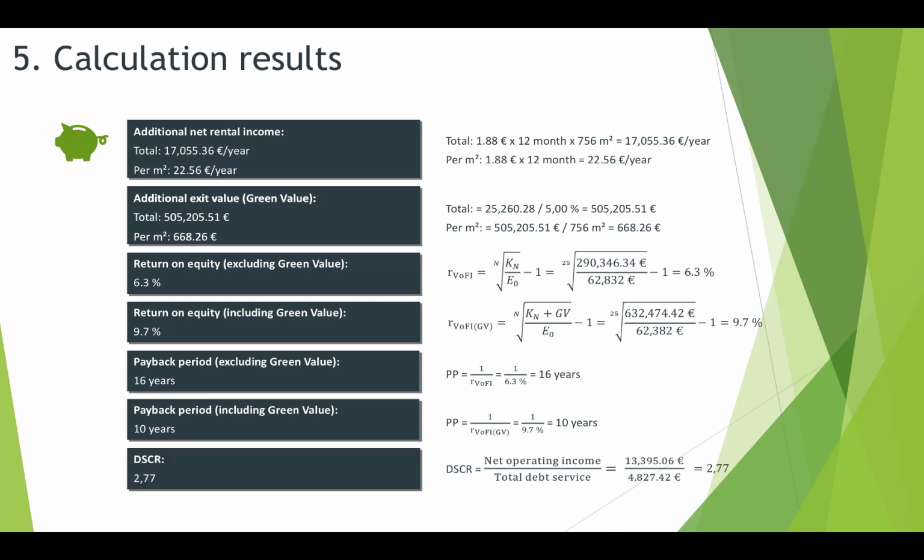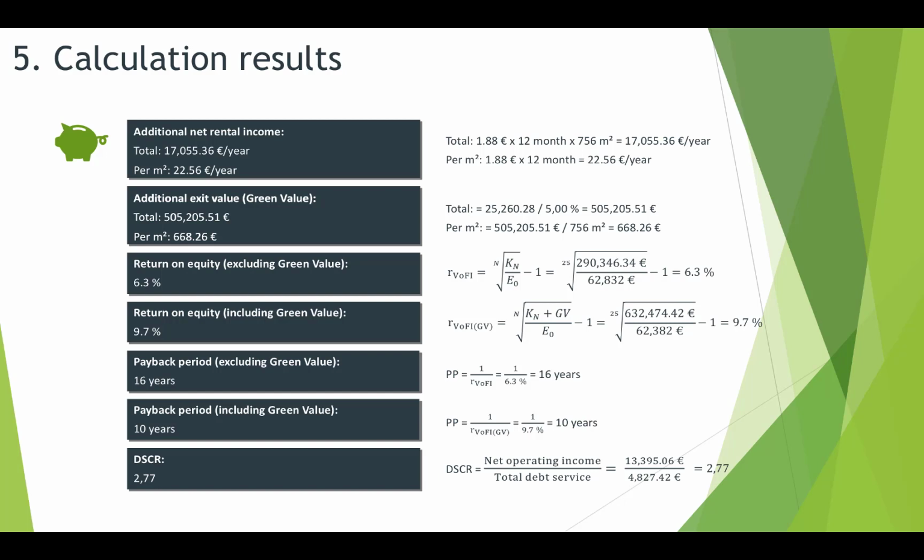Finally, a very important figure for banks is displayed: the debt service cover ratio, short DSCR. It indicates to what extent the additional income generated after the retrofit, the numerator, helps paying the amortization and interest rates to the debt provider, the denominator.